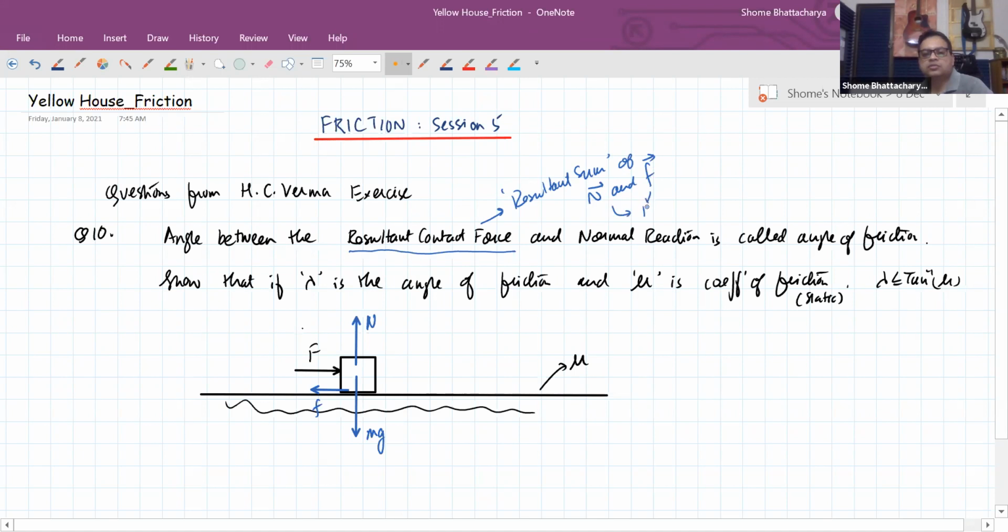These are both different types of contact forces. So if you talk about resultant contact force, it is the net contact force, so it's the resultant sum. So on the body, the resultant contact force will be the vector sum of normal reaction and friction.